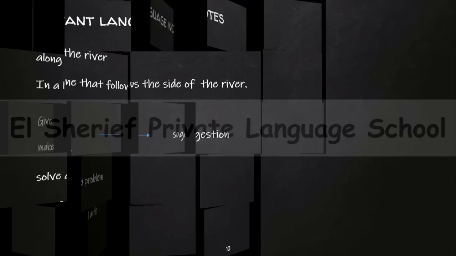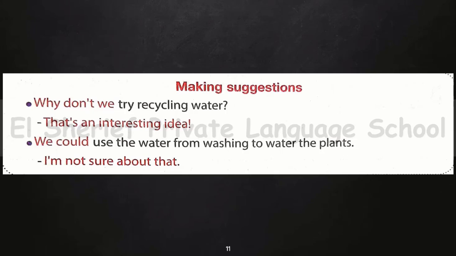Now let's move on. And here, how to make suggestions. We have two things we can say. Why don't we, and it will be followed by the base form of the verb. Why don't we try recycling water? Or I can say we could, and it's followed by the base form of the verb.